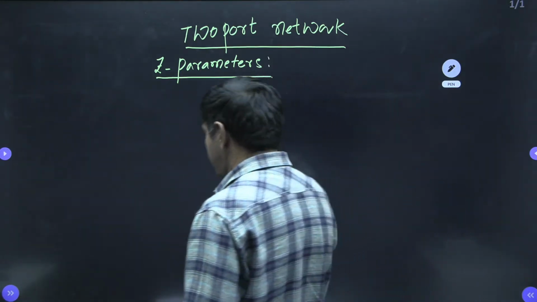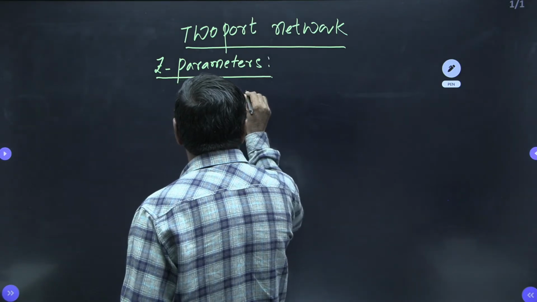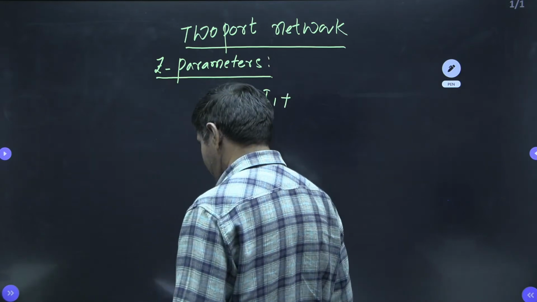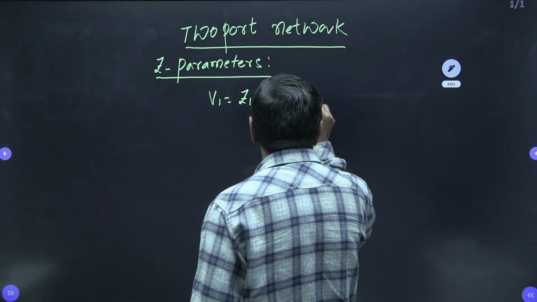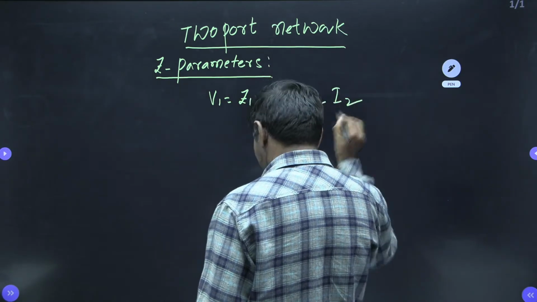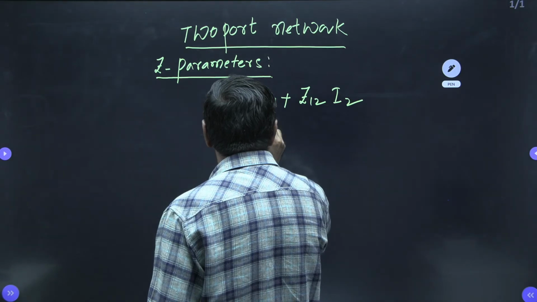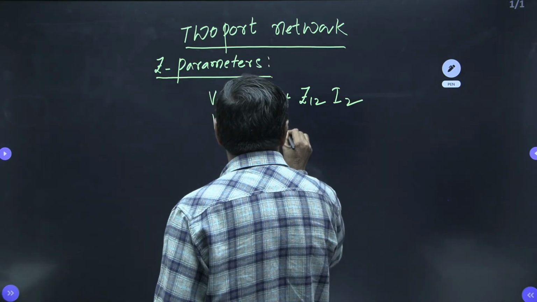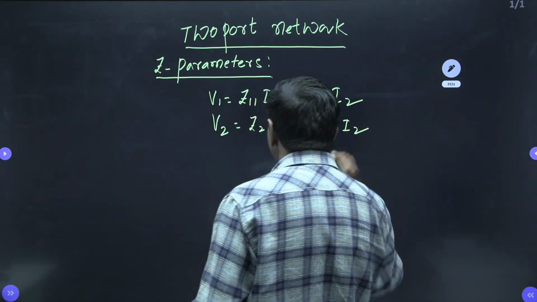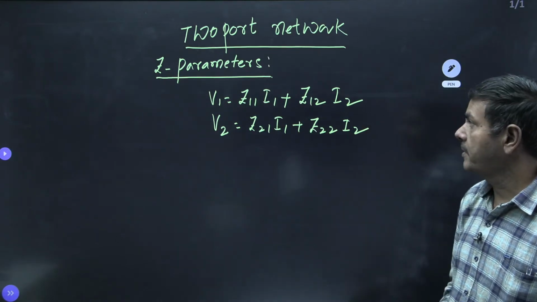The Z parameters are written as V1 equal to Z11 into I1 plus Z12 into I2, and V2 equal to Z21 into I1 plus Z22 into I2. These two equations are said to be Z parameter equations.